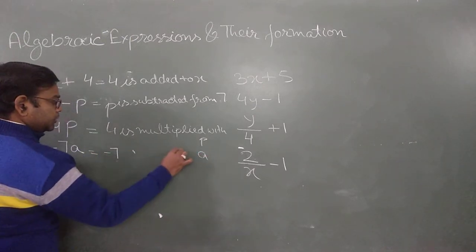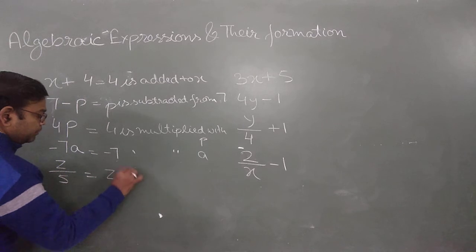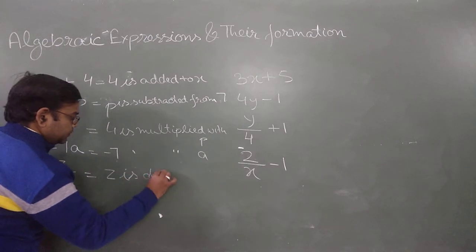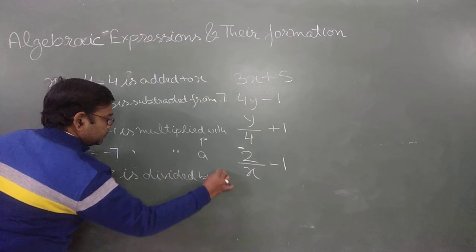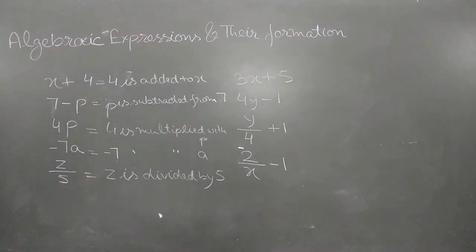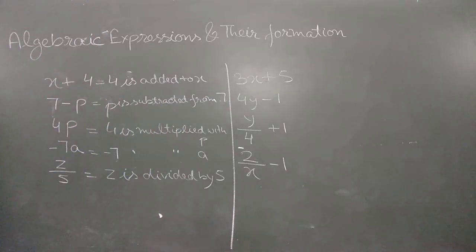I am not writing the statement because it is the same, simply minus 7 is multiplied with a. Here z is divided by 5. Hope these things are clear. Now no need to get confused, all these things are clear to you.